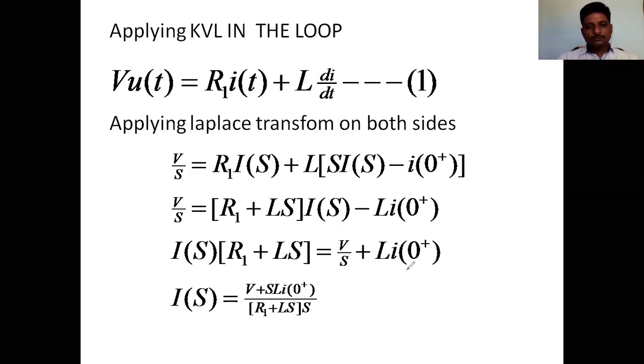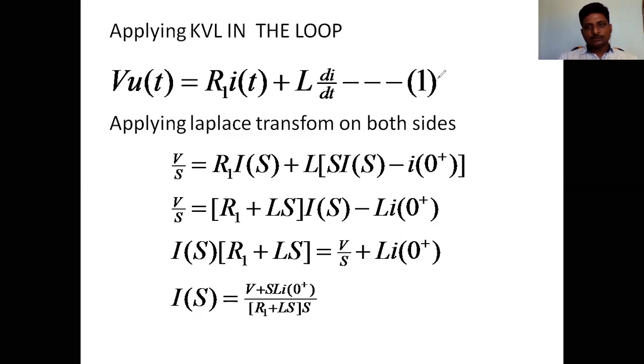Before going to that, I'm going to simplify further. Cross multiplying, I(s) is equal to (V by s plus L into i(0+)) divided by (R1 plus Ls), which can be written as (V plus s L i(0+)) by (R1 plus Ls) into s.